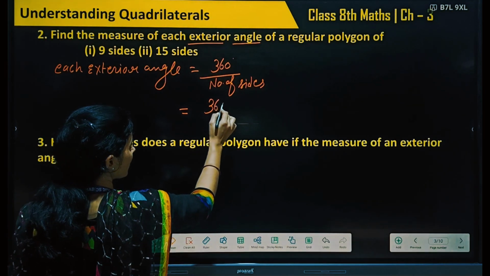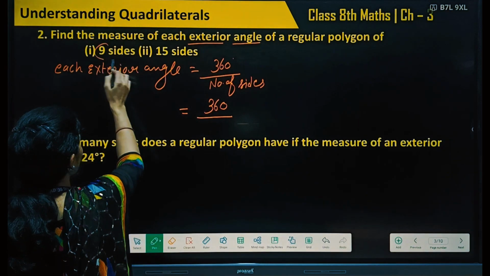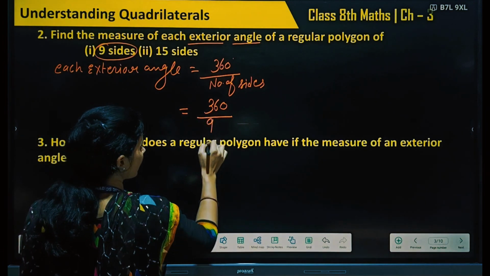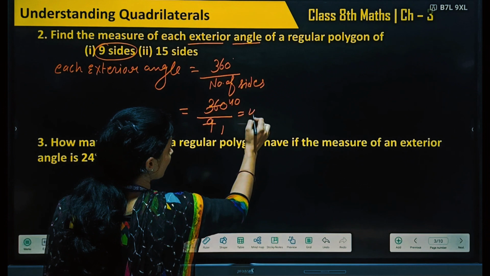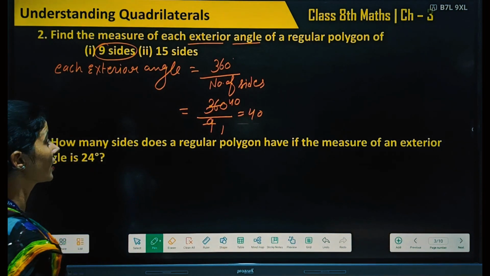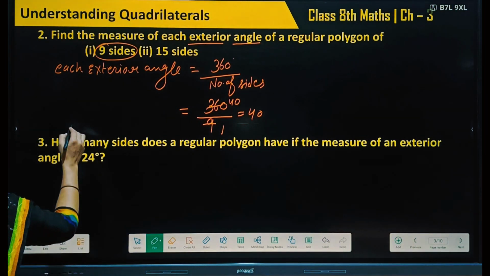So 360 degree upon number of sides in first parts given to us 9. 9 with the 9 for the 36. Answer is 40. So each exterior angle is of 40 degree.